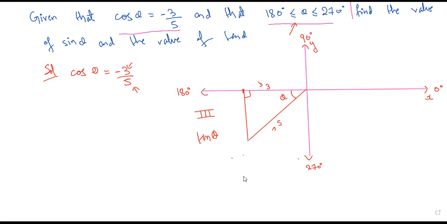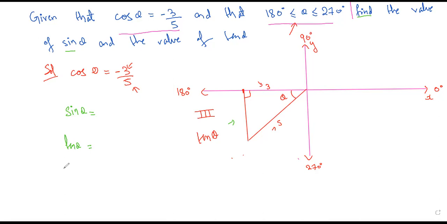Anyways, what exactly was the question now? Find the value of sine theta and the value of tan theta. Forget about sine theta and tan theta. We know that we are interested in all the trigonometric ratios, so it is advisable to find this side of the triangle as well. So how will we find this side? Using the Pythagoras theorem. Very good.